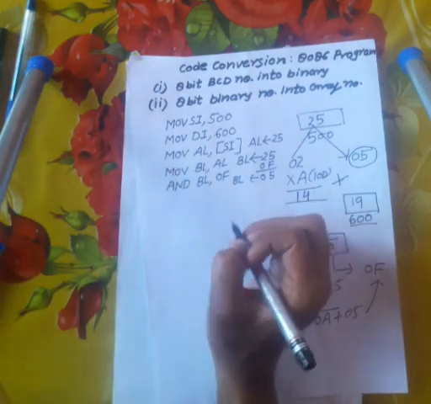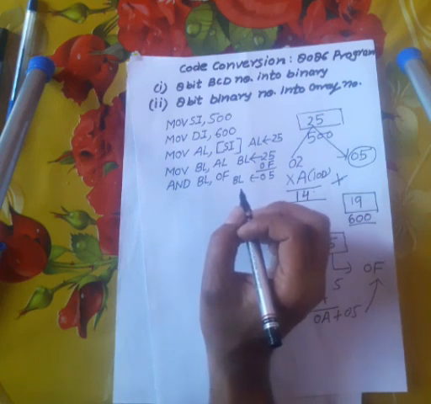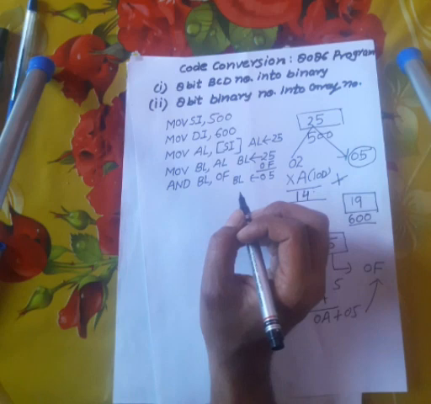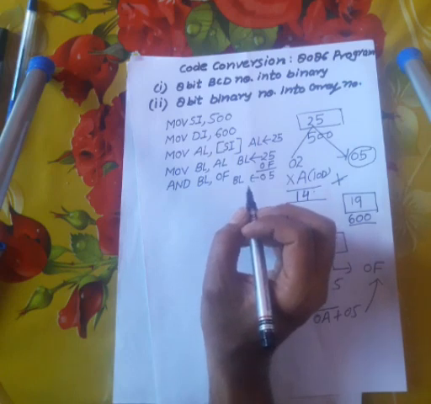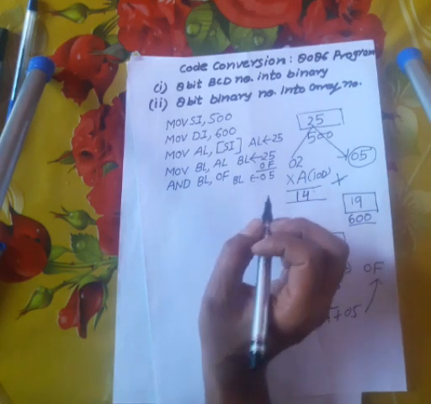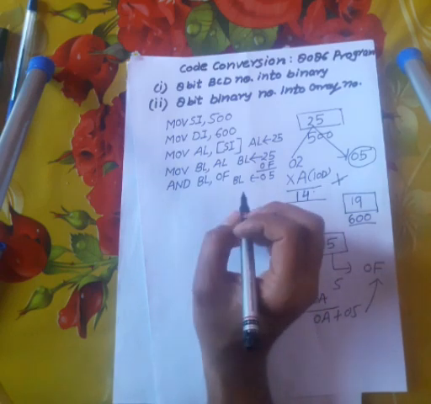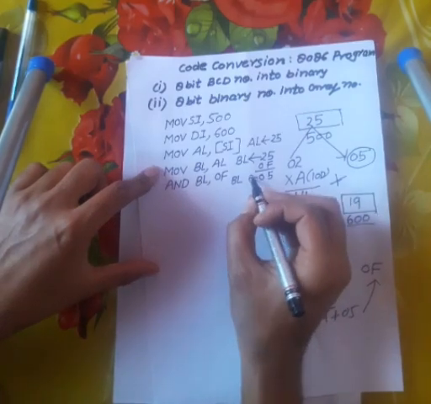Again remember, in case of 8085 we were taking only accumulator as a destination operand in case of logical and arithmetical instruction, but in case of 8086 it is not mandatory to take destination operand AL in most of the cases. Okay, now BL is 05.